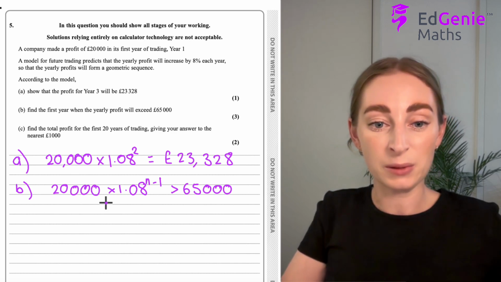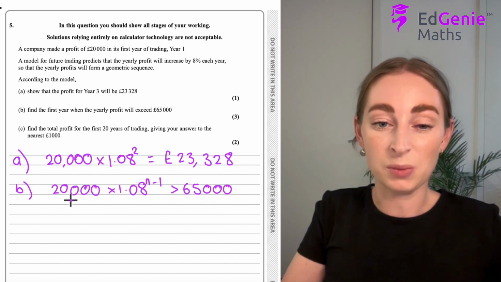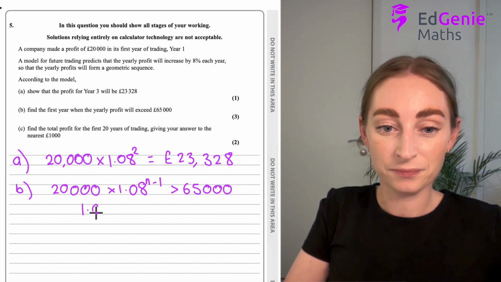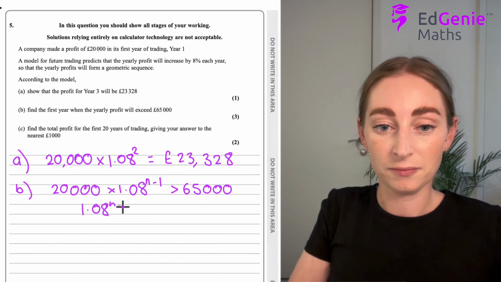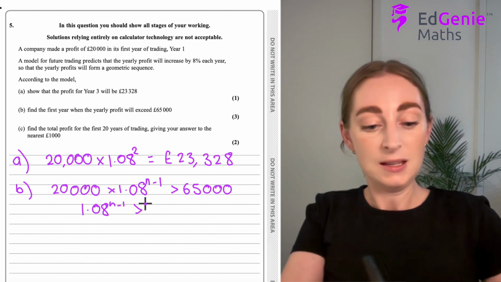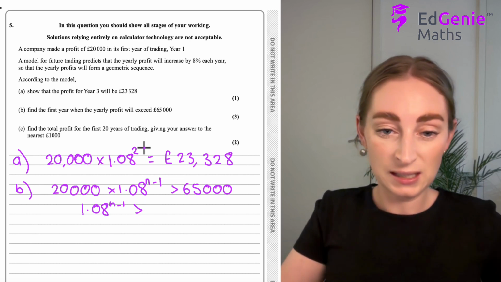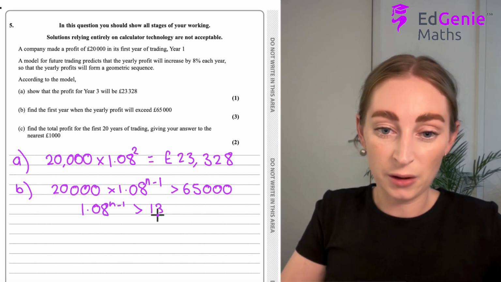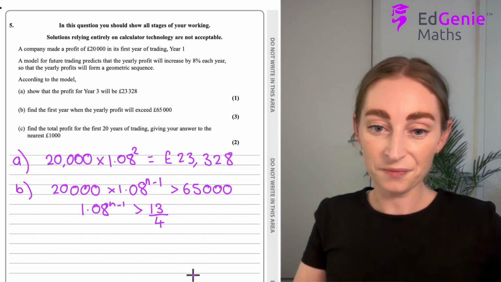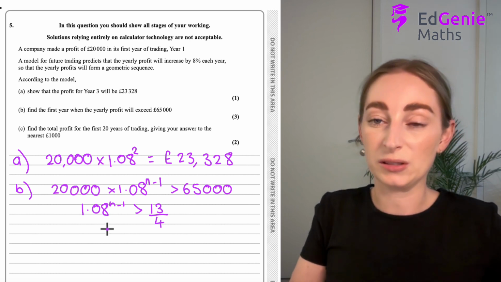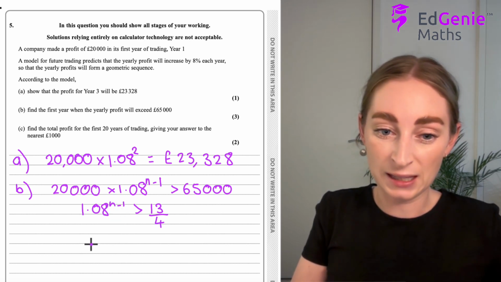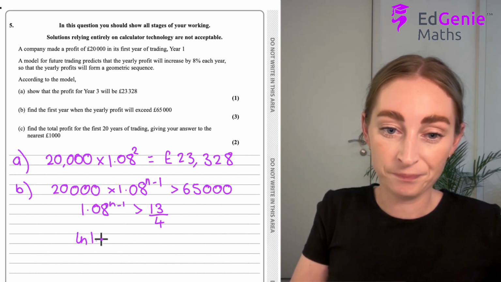So the first thing I'm going to do is divide both sides by 20,000. 65,000 divided by 20,000 is going to be 13/4. Then I'm going to take logs because I'm trying to find out the power. So taking logs will be the best way.